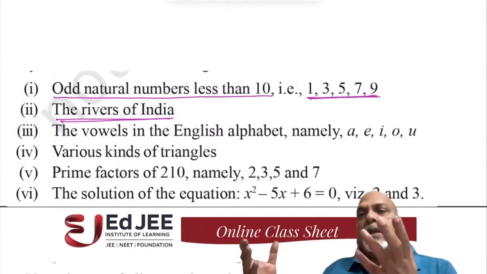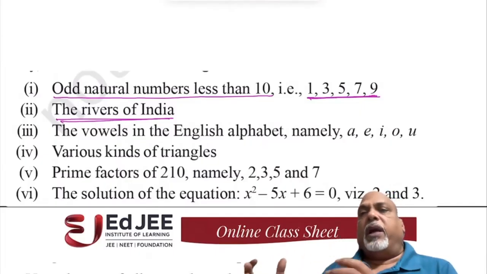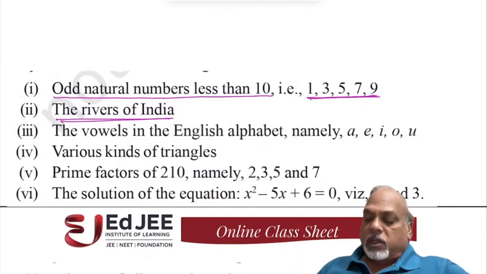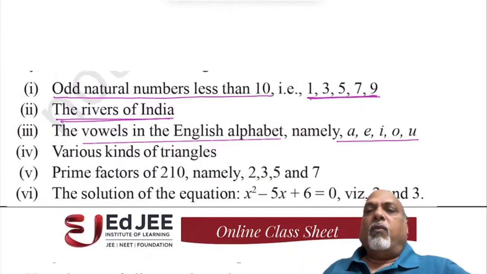The rivers in other countries are different from India, of course. So rivers in India, it's a particular kind of object. Vowels in the English alphabet, namely A, E, I, O. These vowels are known differently in the alphabet, vowels and consonants, correct?